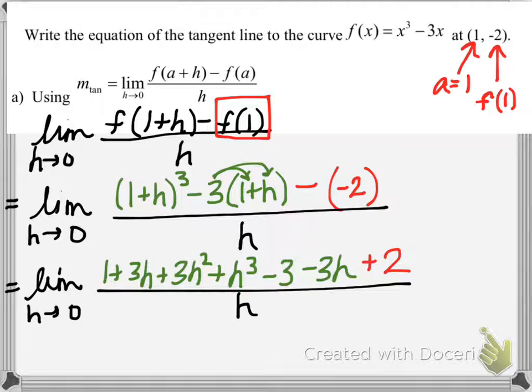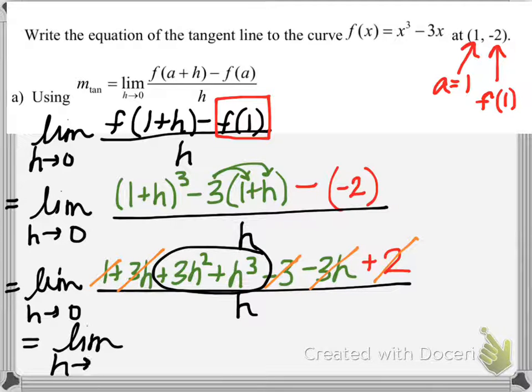Combining like terms, we notice that 3h minus 3h is going to subtract out. 1 minus 3 is negative 2, which subtracts out with the positive 2. So we are left in the numerator with just the 3h squared plus h cubed. And those terms share a common factor. So we can factor out a 3h squared.